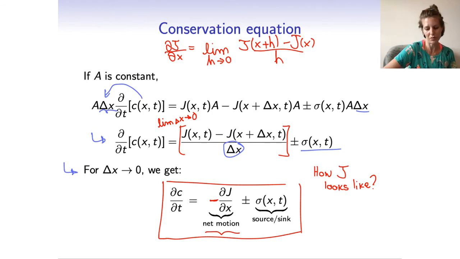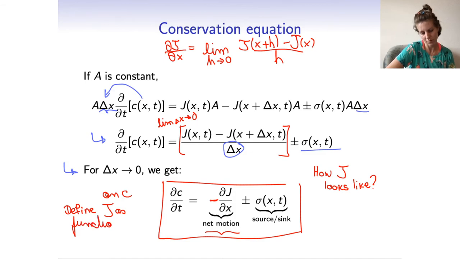Because we have here an equation on C, and we want to define J as a function of C, okay?